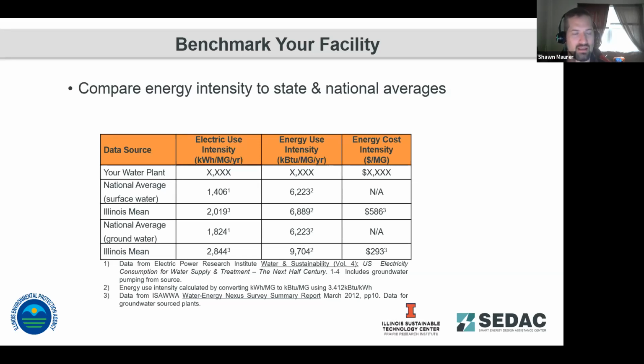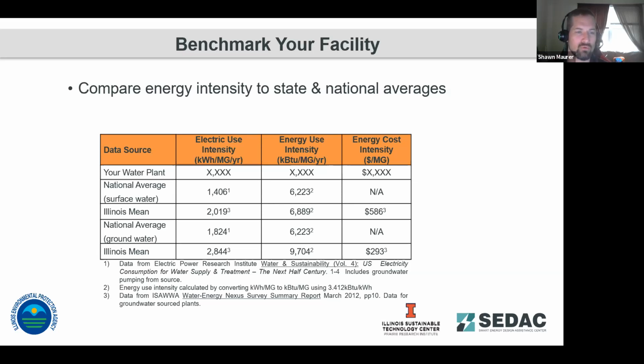One of the main reasons why the Illinois average is a little bit higher than the national average is the economics for the state of Illinois compared to the national economics. The state of Illinois has a lot of communities that have limited financial resources.